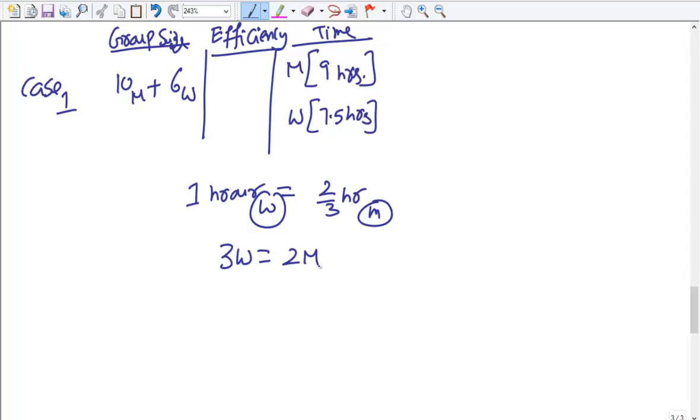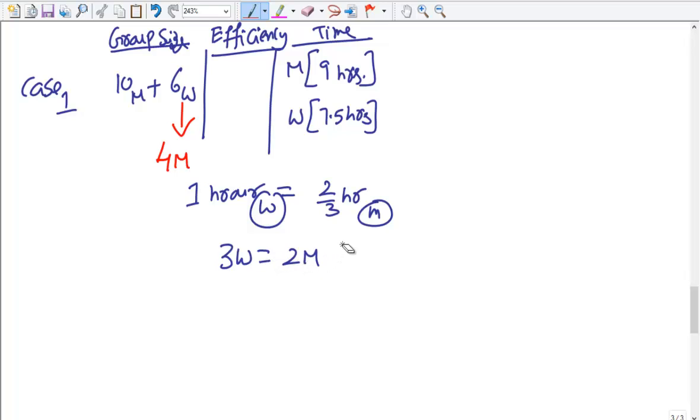So 3 women together finish the same work in 1 hour as 2 men. In such a case, in place of 3 women, we can directly write 2 men. That is, in place of 6 women, we can write 4 men.